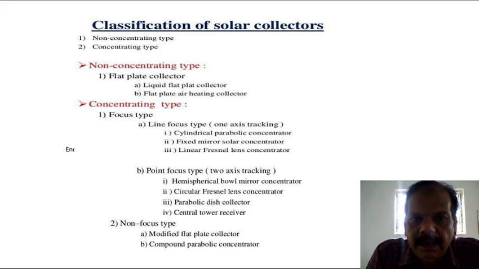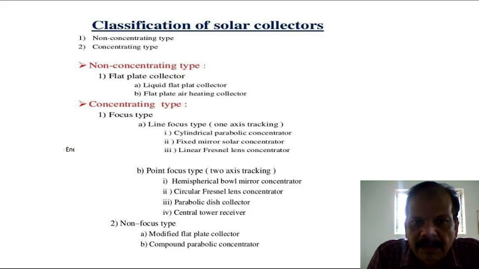In the concentrating type, we have the focus type, and there are two types. If it is line focus, having only one axis tracking, the parabolic concentrators come under this category.